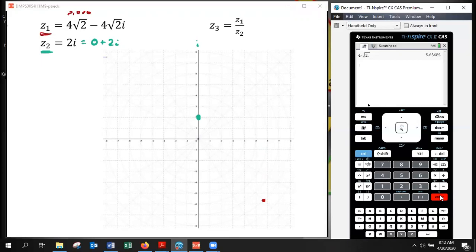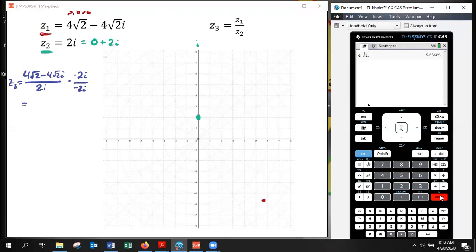Now, if I take Z1 divided by Z2, 4 square root of 2 minus 4 square root of 2i, and I divide that by 2i, that's going to be Z3. Now officially we should multiply by the conjugate. If we multiply by 2i again, or really by i again, it's not going to matter much. I still like to multiply by the conjugate just so that it keeps the same pattern.